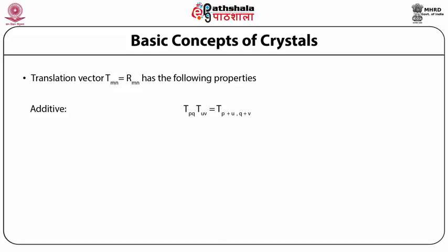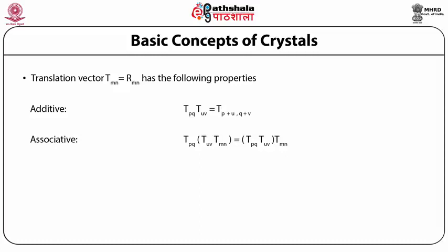And similarly you can see that associative law is there. It means if you are performing, let us say, first the translation operation T_mn, then T_uv, and on top of that you again apply some translation T_pq, it is the same as if you first apply T_mn, and on top of that you apply the product of T_pq and T_uv.